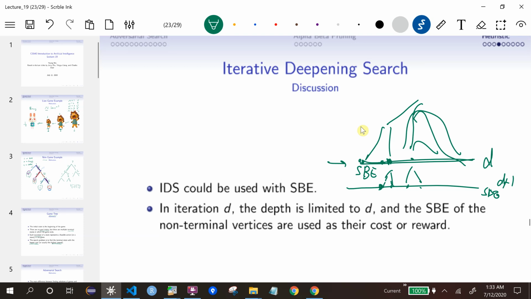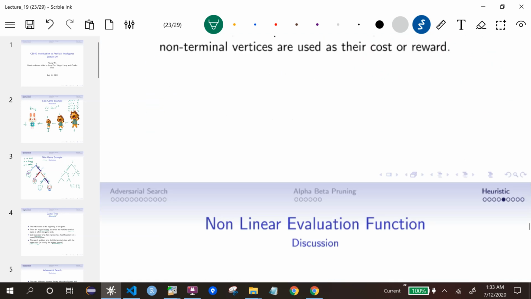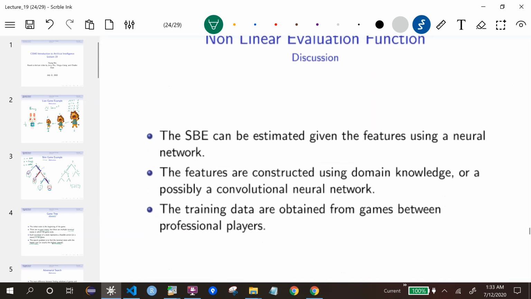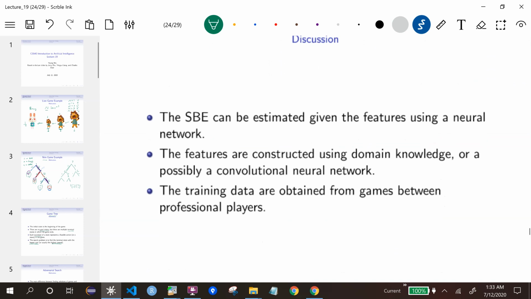And as I said, we're using these heuristics as if they are the actual values, which they are not. They are just approximations. And how are we going to learn these? Of course, we're going to learn them using the training data, which are basically the games from professional players.